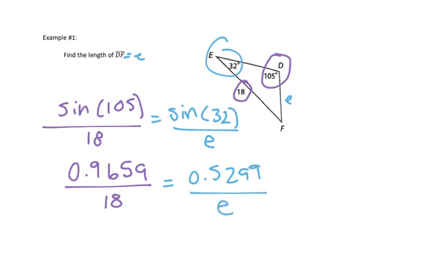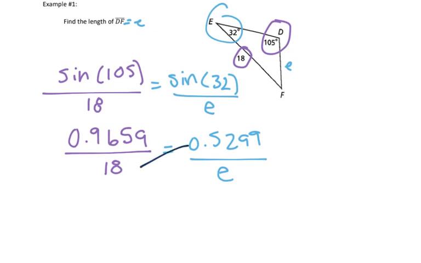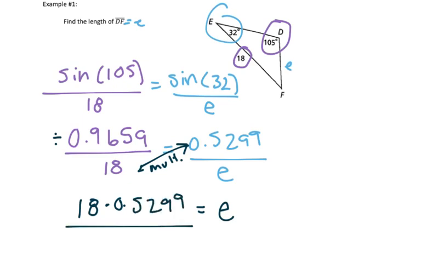If we want to solve, we're technically cross-multiplying, so we cross-multiply 18 and 0.5299, and then we divide that value by 0.9659. So our e, again, is going to equal 18 times 0.5299 divided by 0.9659.